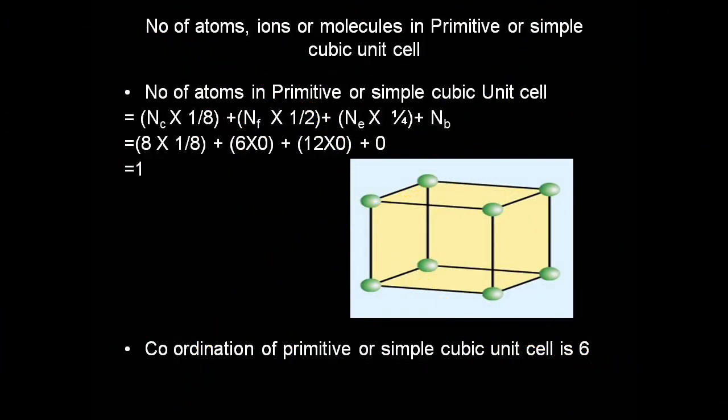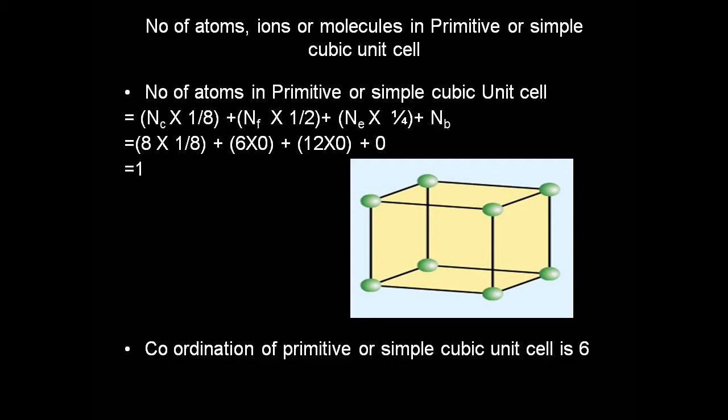To calculate the number of atoms present in the simple cubic unit cell, the same formula we are going to use. First of all, see the diagram. In this simple cubic unit cell, the corner alone contains atoms, but not the faces, not the edges, and not the body. So we have to place the number of corners 8, and contribution of atom is 1 by 8.